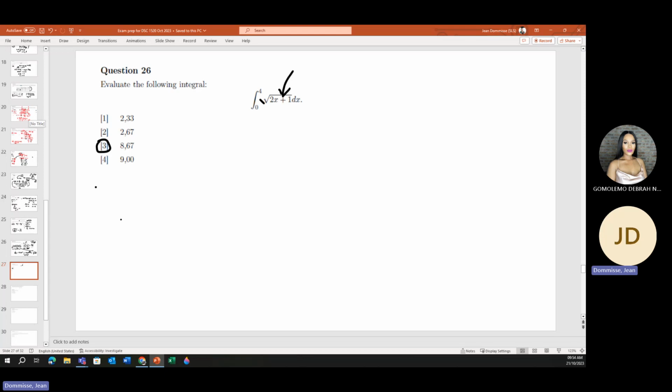I thought I was taking some shortcuts. So basically, what we needed to do, like you would have done in other instances, is first make 2x plus 1 equal to u, and then we work from there.